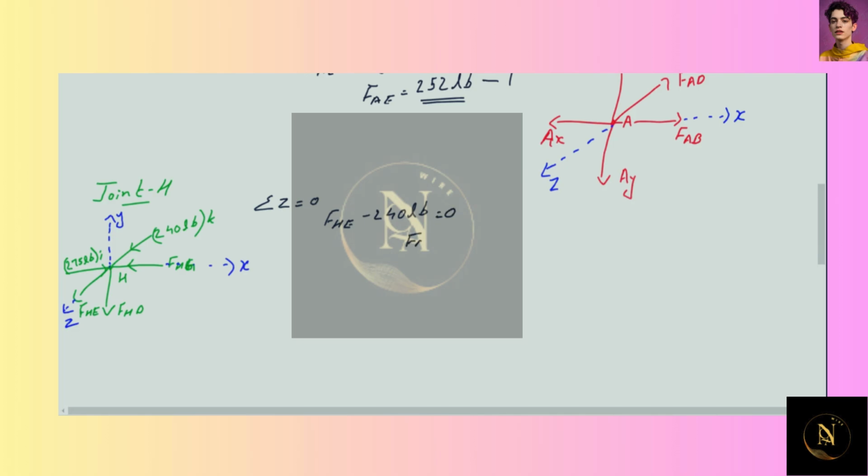So we will directly get the value of FHE, that will be 240 lb, and you can see here the direction of FHE. Actually the FHE is going outward from the point H, so that creates tension. Let's denote it by the letter T.